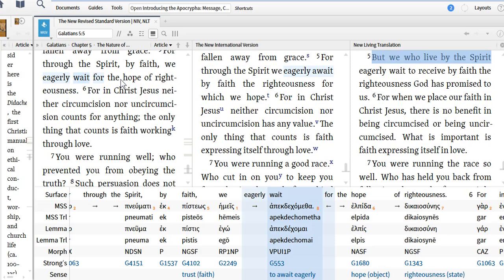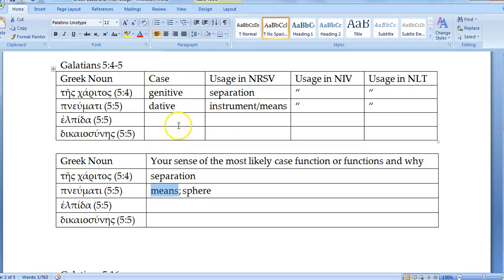We await the hope of righteousness. All that to say that English usage aside, this is essentially being read as an accusative of direct object here.